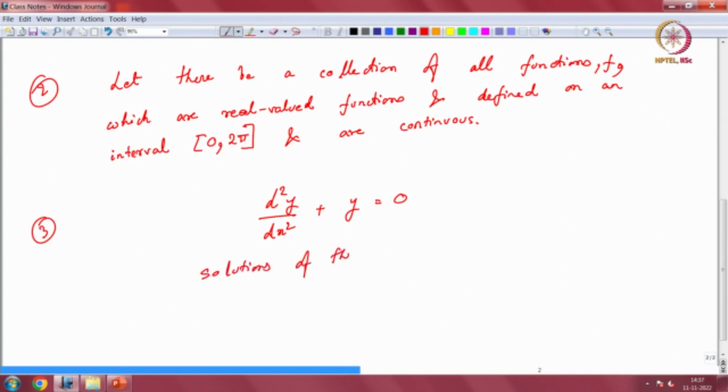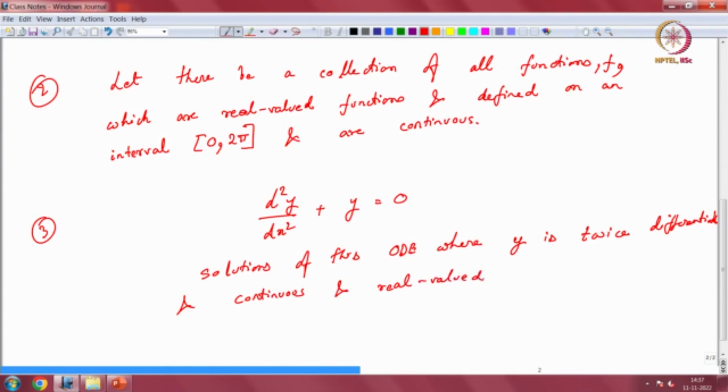solutions of this ODE where y is continuous, actually in this case doubly continuous. So the second derivative exists, y is twice differentiable and continuous, and real valued, also form a vector space.